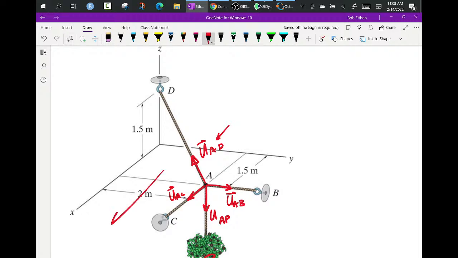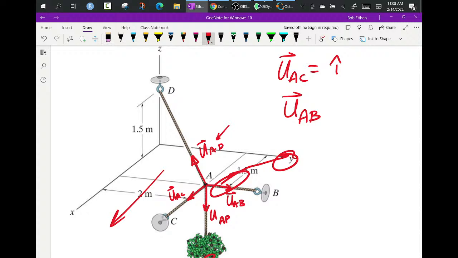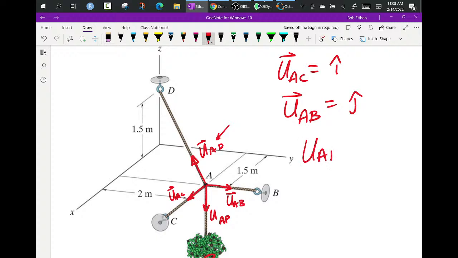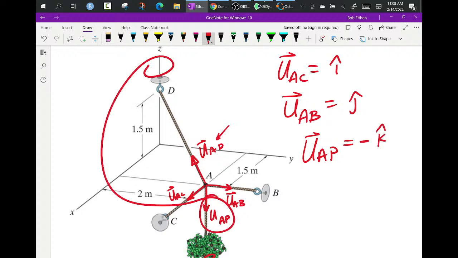I know this one goes straight out there, so it's simply I. Unit AB heads straight out the Y here. Now, unit AP is a minus K. It's going down in the Z.